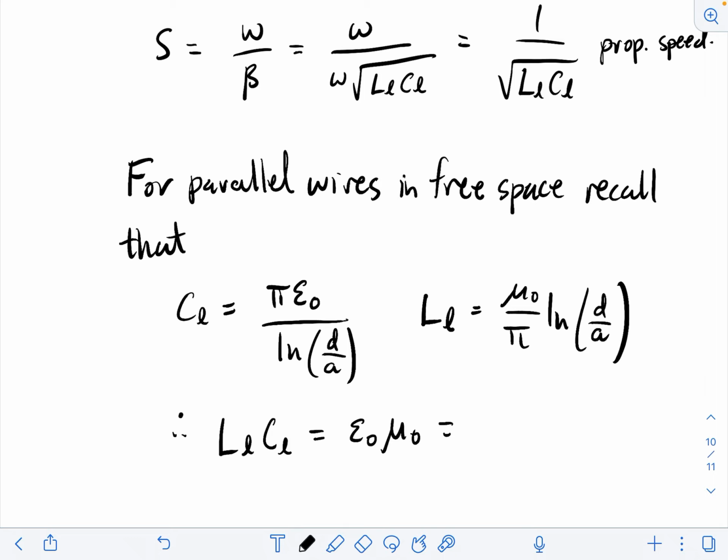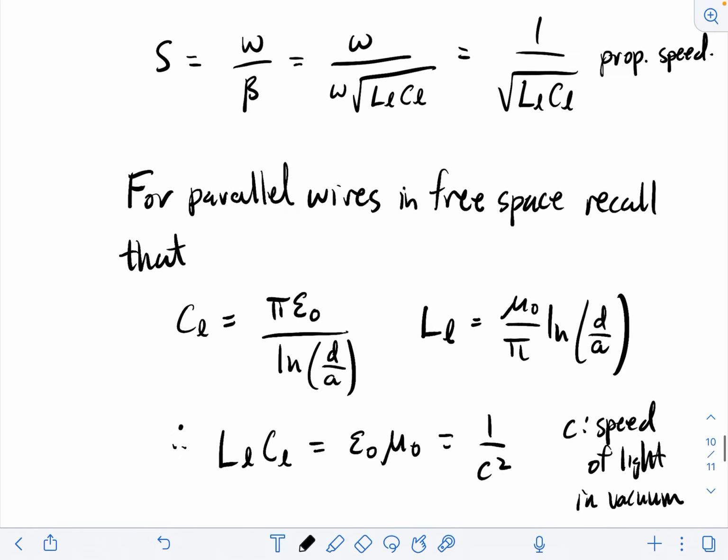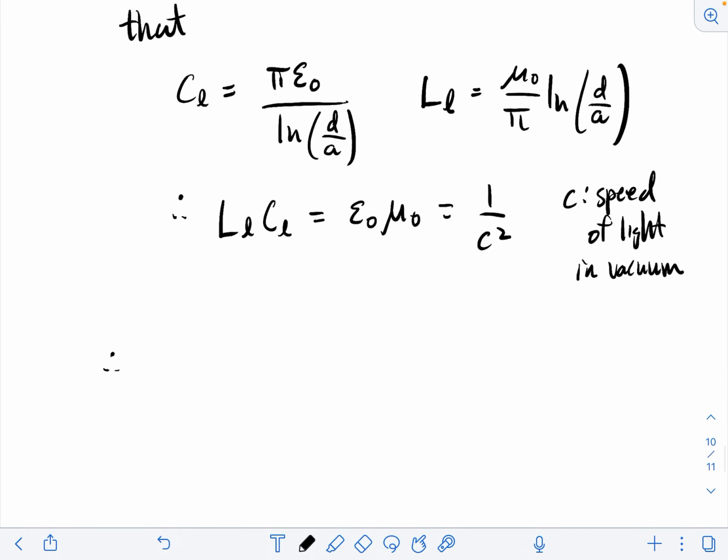And so that's 1 over c squared. c is the speed of light in vacuum. And so therefore our propagation speed S equals 1 over the square root of the inductance per unit length times the capacitance per unit length, which is just equal to c.